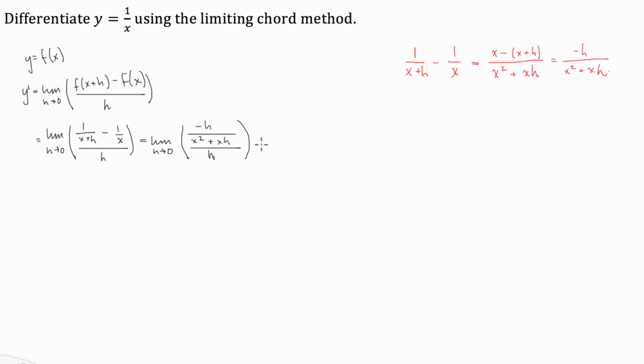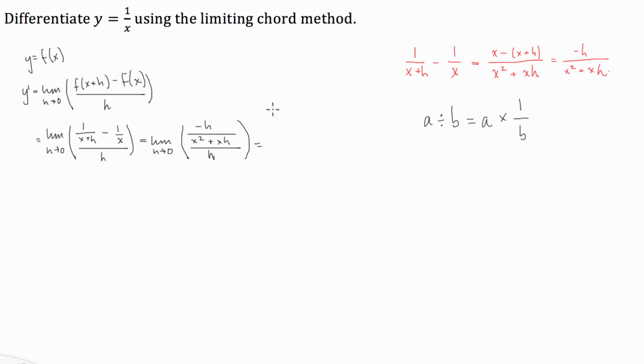Cool. So we know that division is just multiplication by the reciprocal, i.e. like a divided by b is the same as saying a times 1 over b.